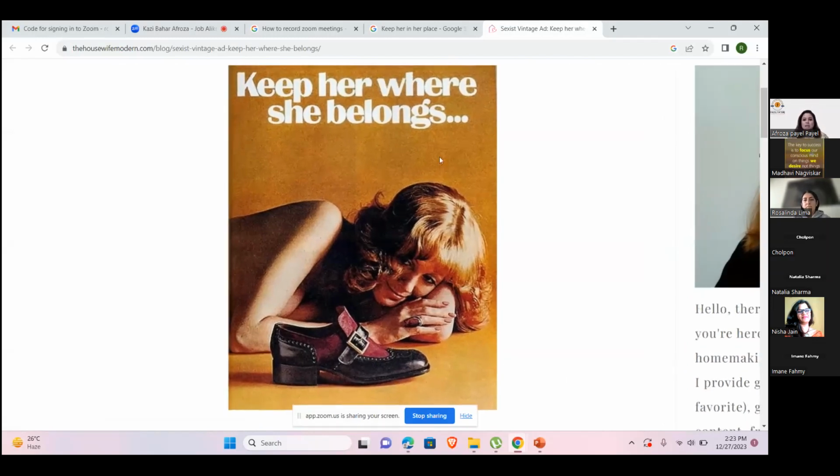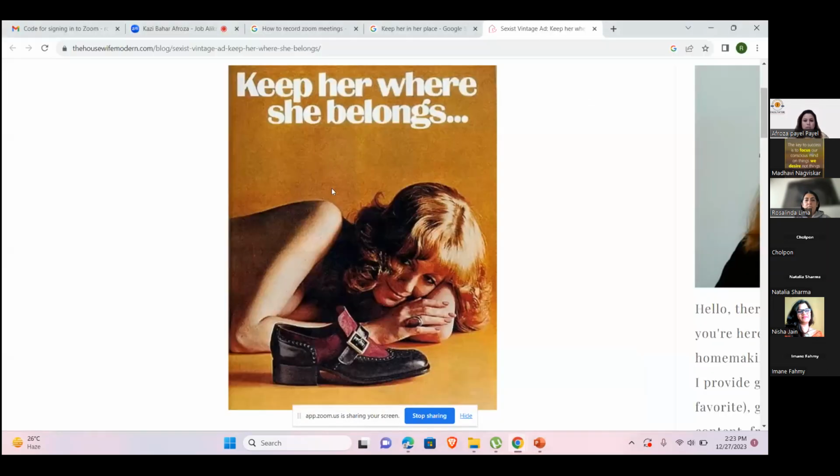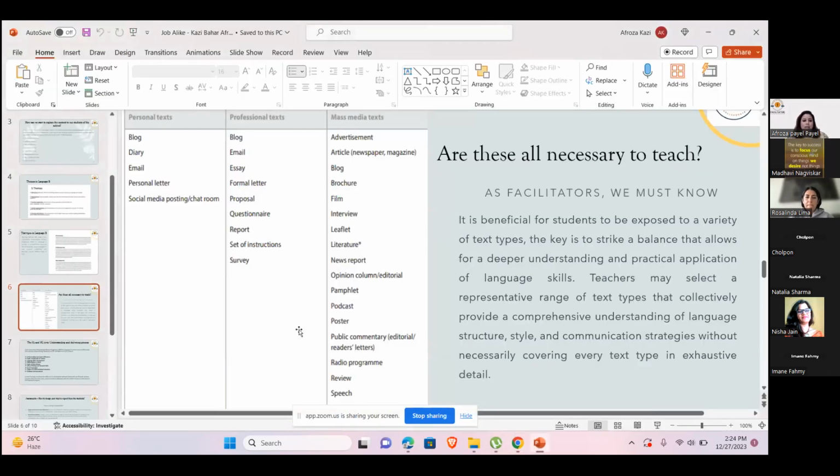So when I mentioned advertisement, this is one such example, from 1976, I think, a Playboy magazine advertisement, where women are shown in a very disgraceful manner, if you can see that. So when I talk to them about this, they learn a lot about equality, which is one of the themes that I have mentioned in this.